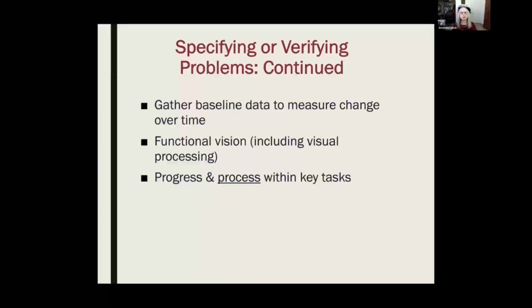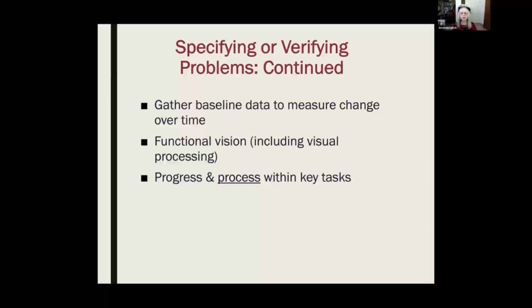Other ways of using assessment for specifying or verifying problems is to gather baseline data to measure change over time. We're going to add to this list functional vision, including visual processing for children with CVI. And we want to know how children progress and process within key tasks.